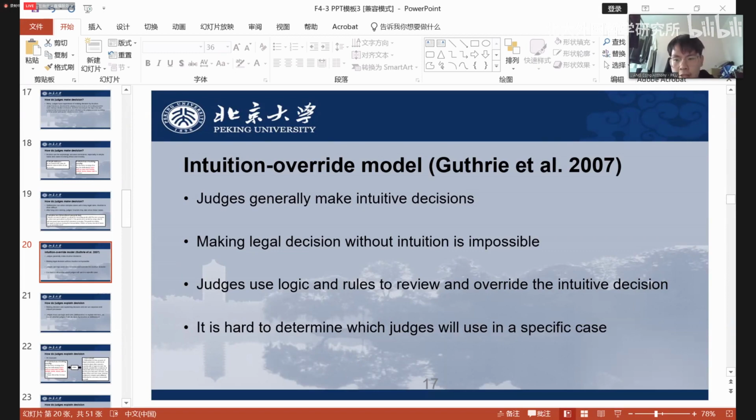So it is very hard to determine what judges use in the real decision-making process. I think it's very similar to the deep learning model. We don't know how the deep learning model makes decisions, how their mathematical process goes. But we also don't know how judges make decisions.